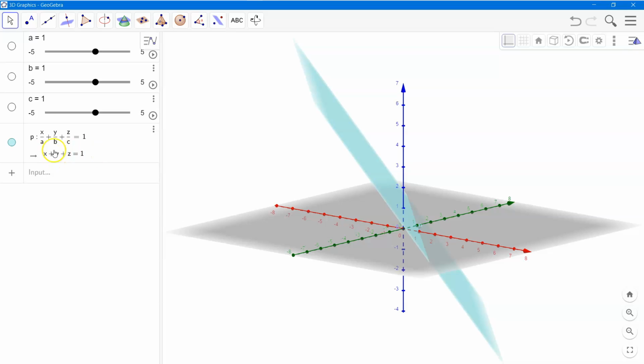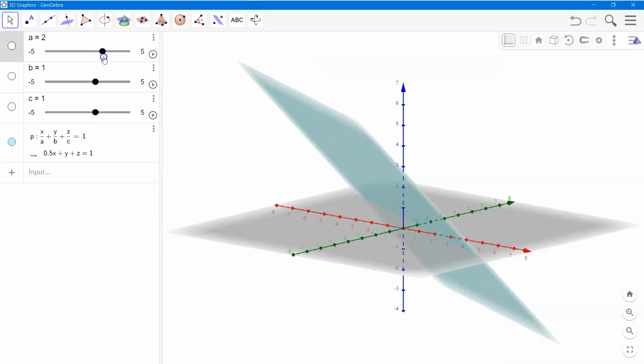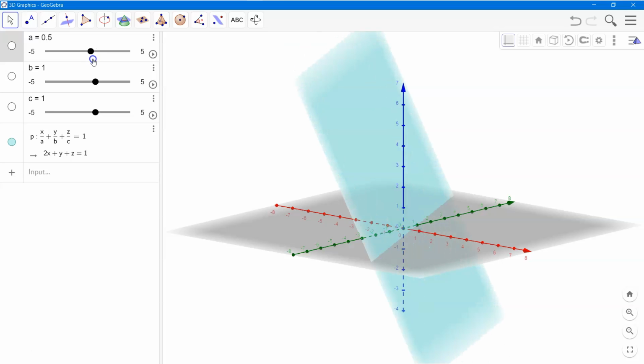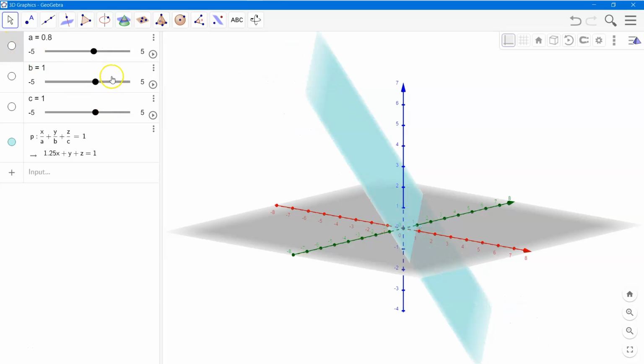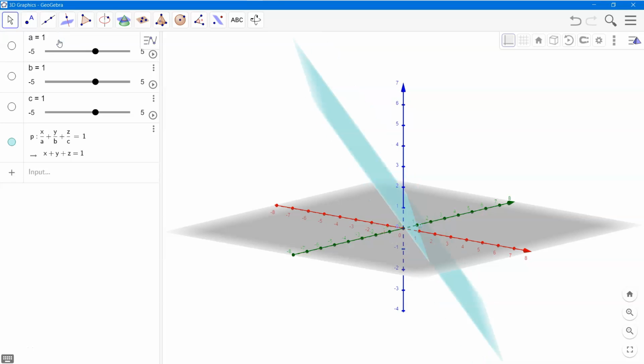A is the x-intercept, B is the y-intercept, and C is the z-intercept. If I change this, only the x-intercept will change. Accordingly, in the other two cases also, same thing will happen. So this is the intercept form of the equation.